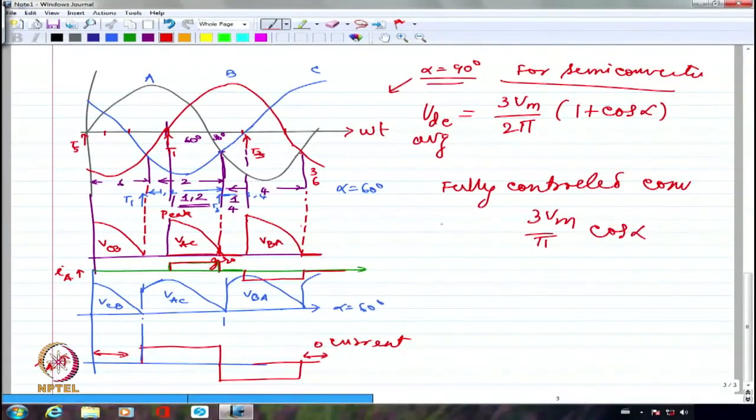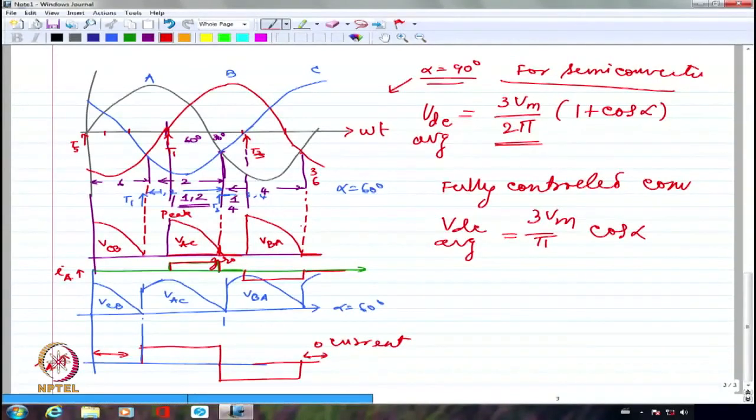This is the expression for fully controlled converter. I am sure from these two you can realize that I will get more value in this particular case. I hope I have written this expression correctly. Maybe verify it. Vm by pi into 1 plus cos alpha is for single phase. Yes, it is the same.